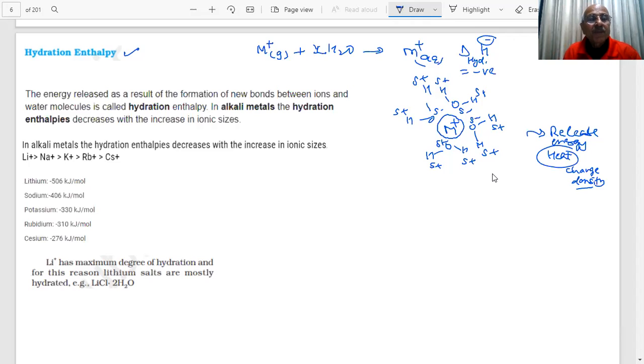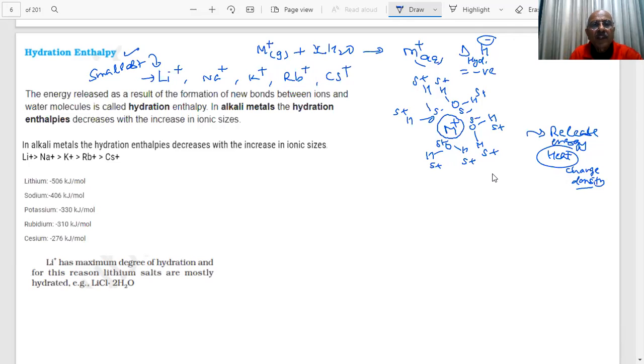Therefore, students, which will have the largest hydration enthalpy, if I take Li plus, Na plus, K plus, Rb plus, tell me which is the smallest ion? This is the smallest ion. So this will be surrounded by more water molecules, and therefore more hydration enthalpy, more energy will be released in this case.